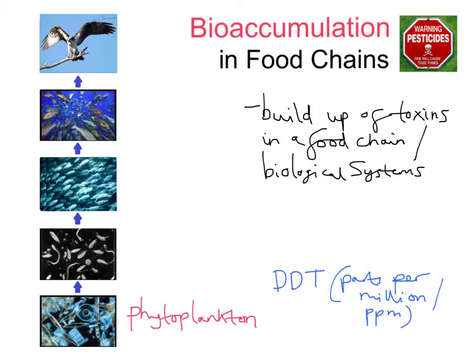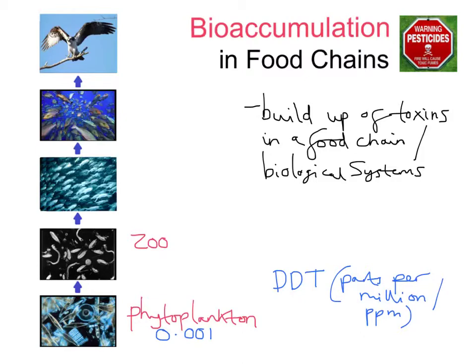So I'll write in red the name and the parts per million in blue. So let's say this is about 0.001. So what we're saying here is that we're imagining DDT, this pesticide, run into waterways and is absorbed by this phytoplankton. Now a small bit of this chemical in the phytoplankton doesn't necessarily harm it, but if we have something that is consuming a great deal of that phytoplankton, then that concentration of poison can build up.